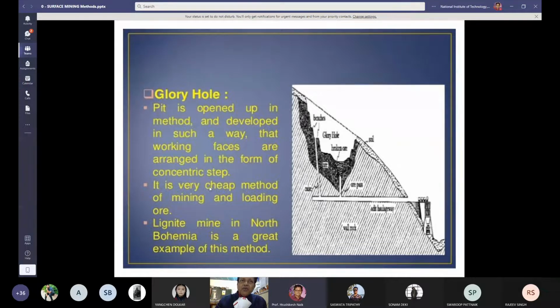You are mining only the deposit, the minerals. The lignite deposits in North Bohemia are a great example of glory hole mining. In India, we are not practicing this method of mining, but in other countries, they are mining by the glory hole method.